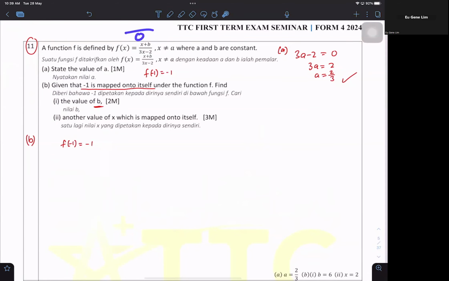When the denominator is 0, it will be math error, so means no answer, so that's why x cannot be a. So if the x is a, the denominator 3a minus 2 equals 0. Understand?